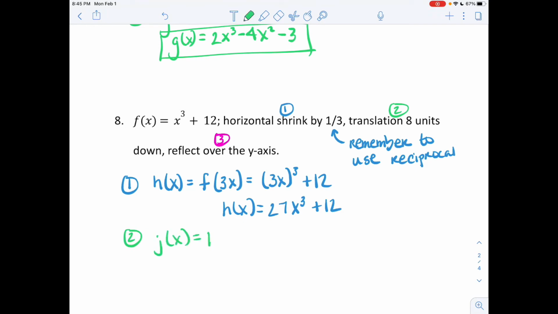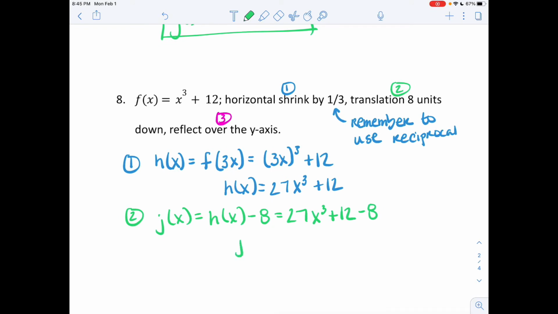We will start with h of x, and we're going to subtract 8 in order to move it 8 units down. So that is going to look like 27x to the 3rd plus 12, but then minus 8. We can clean that up a little bit and say that j of x is 27x cubed plus 4, because I want to take 12 and subtract 8 from it.